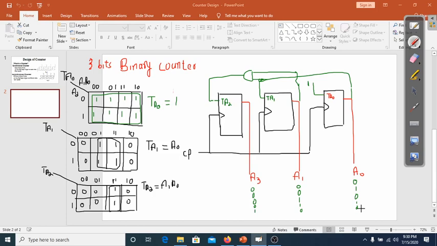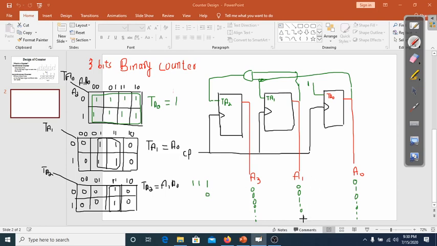So in similar fashion, eventually you will get 1, 1, 1. When the present state is 1, 1, 1, so here this present state was 1, its input was 1, so the next state would be 0.